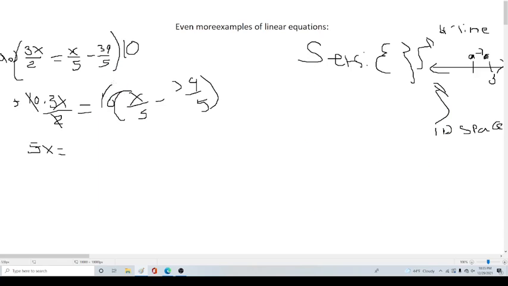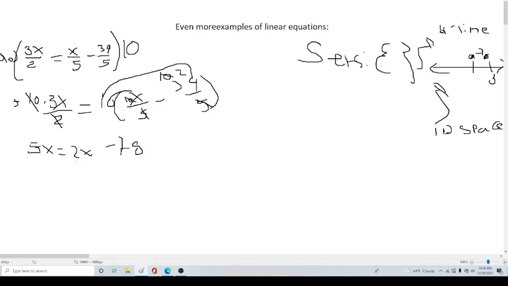The 10 distributes on this side. That's 10x over 5, which is 2x, minus, and then same case over here, 10 times 39 over 5, so that just leaves us 2 times 39. It comes out to be 78. Yes, 2 times 39 is 78.